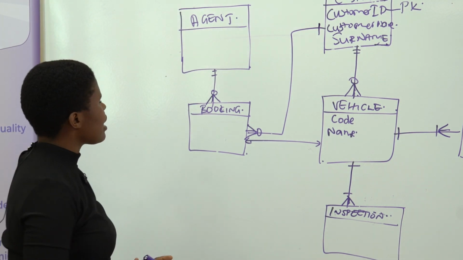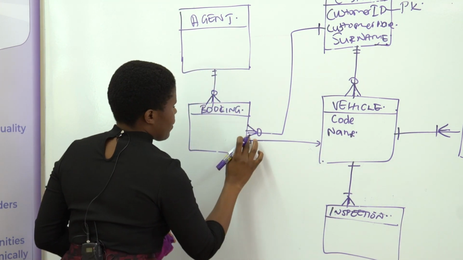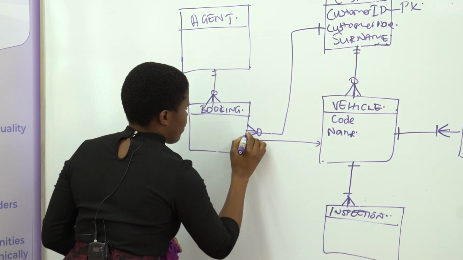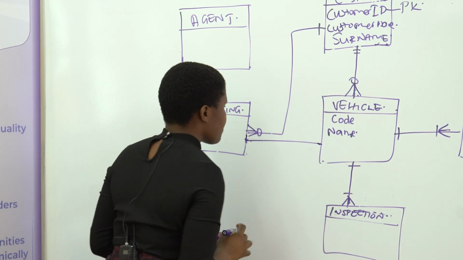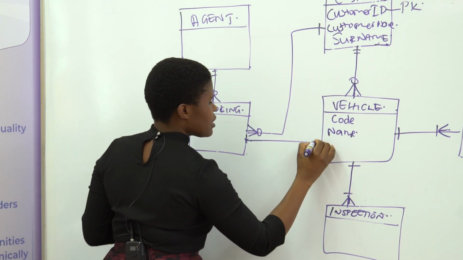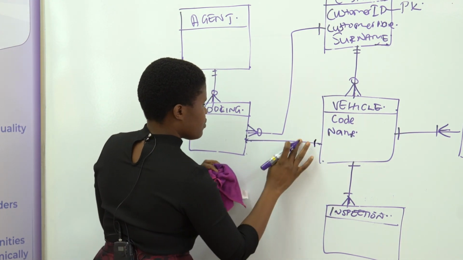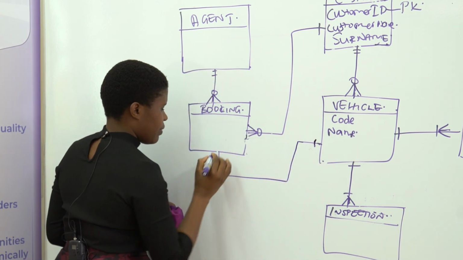So if you look at the relationship between booking and this one, the agent, I'm going to also determine the types of relationship. A car can be booked or is booked. Okay, I'm just going to break it down so that we don't have confusion about the relationships.